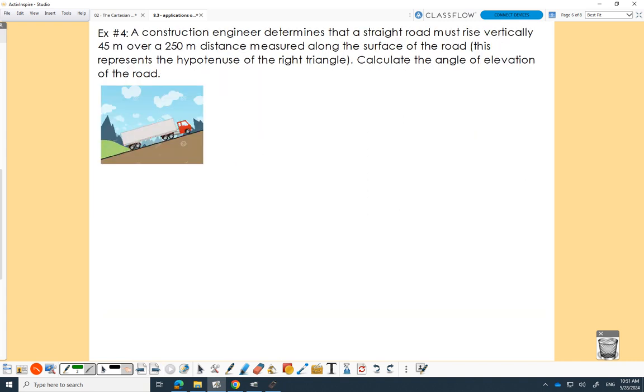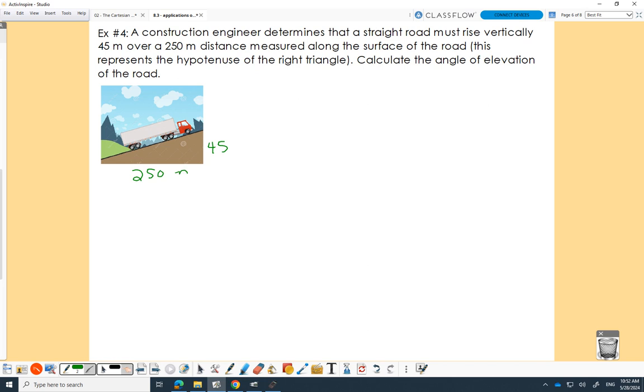A construction engineer determines that a straight road must rise vertically 45 meters over a 250-meter distance. These ones that give you a part of a diagram already are much easier, yes? Has to rise vertically 45 meters over a distance of 250 meters.